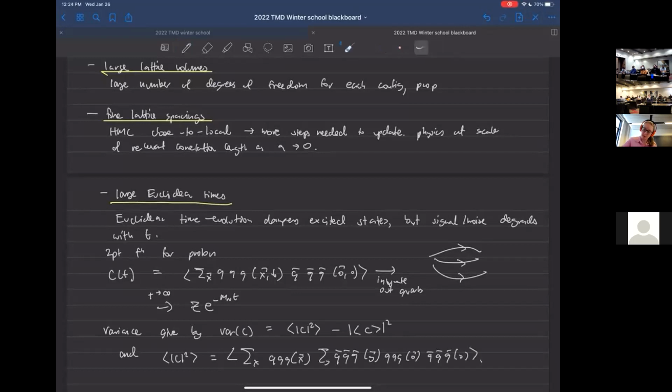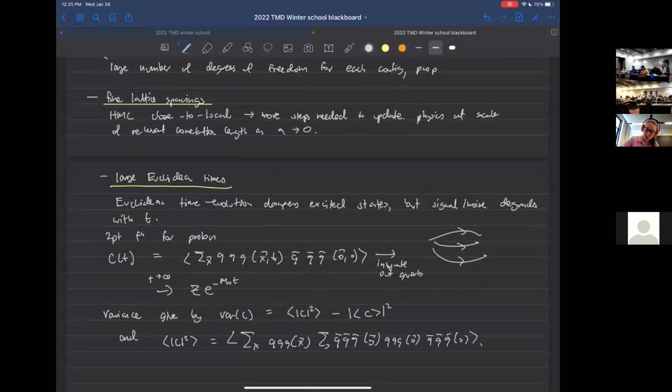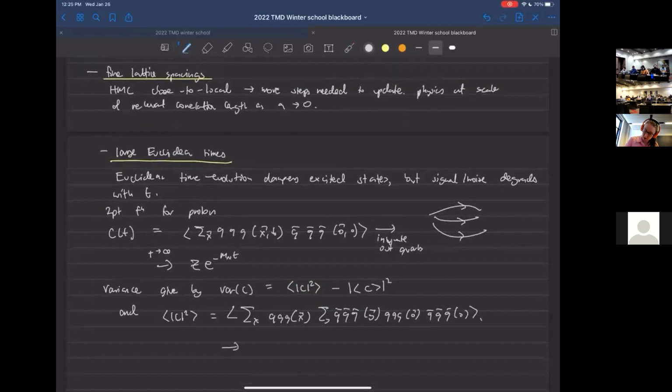Right, so because we have the square inside that expectation value, we have these 4 sets of 3 quarks. So when we integrate out the quarks, what this looks like is really 6 quark lines here.